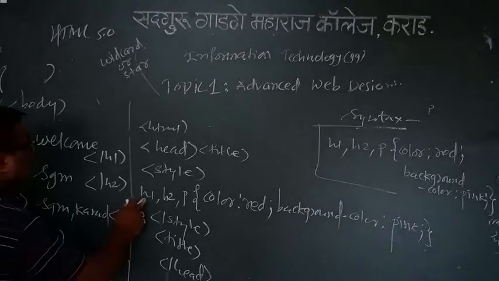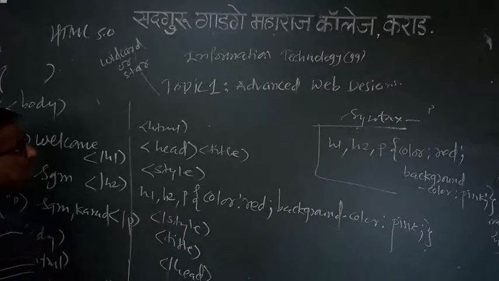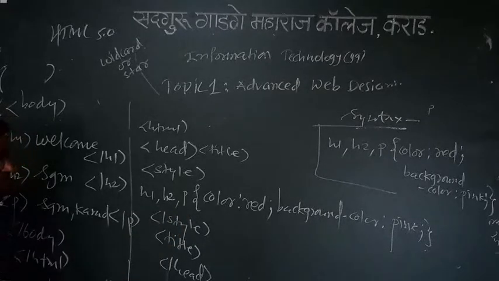Because the style for the H1 tag is text color red and background color pink. Okay. Then for the H2 tag, it is also text color red and background color pink.